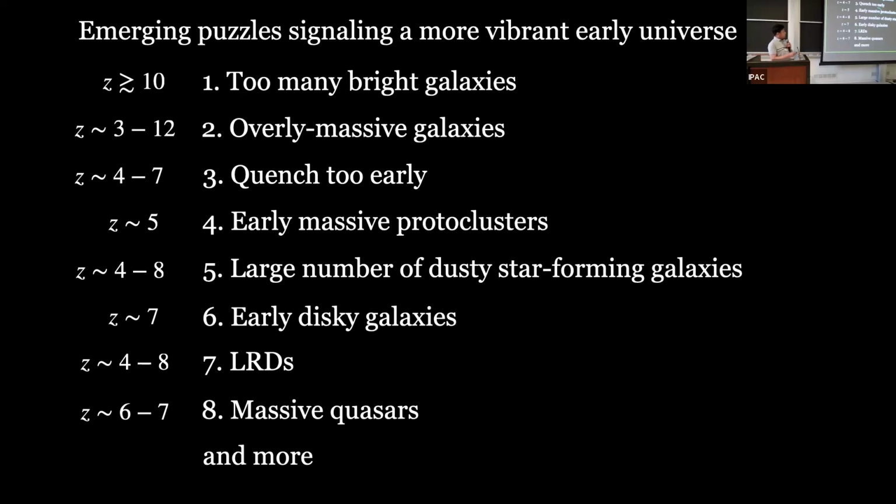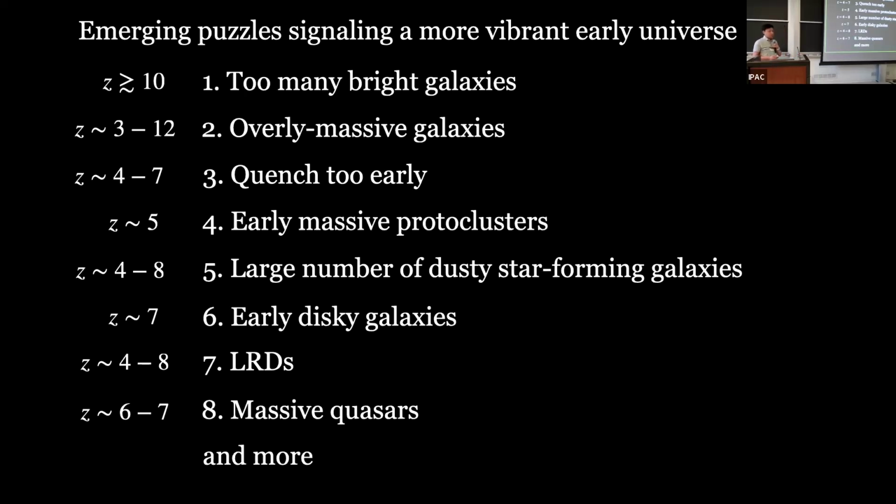I should mention that there are many other pieces of evidence pointing in the same direction, probably not as significant as those two. We're seeing early quenched galaxies, massive protoclusters, a large number of dusty star-forming galaxies, early morphologically mature galaxies, and accreting supermassive black holes, really massive quasars, and many more.